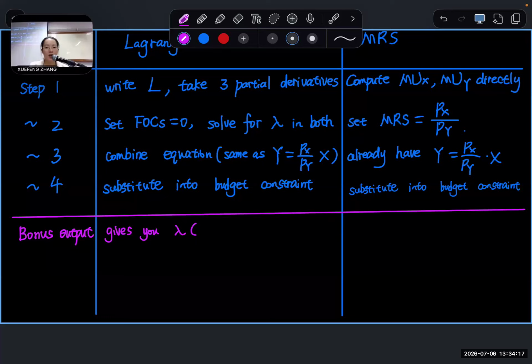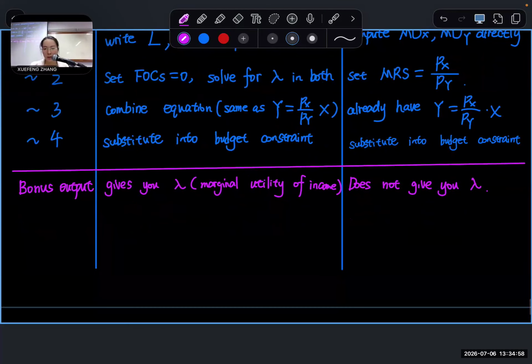Lambda is the marginal utility of income, right? But for MRS, it does not give you lambda directly. Okay, be careful about the difference. For Lagrangian, it gives you lambda, but not for MRS.